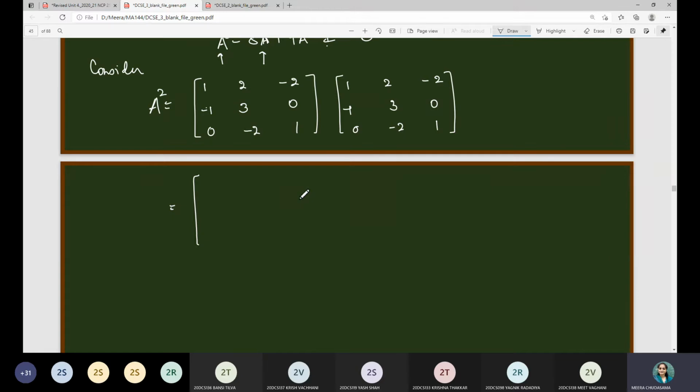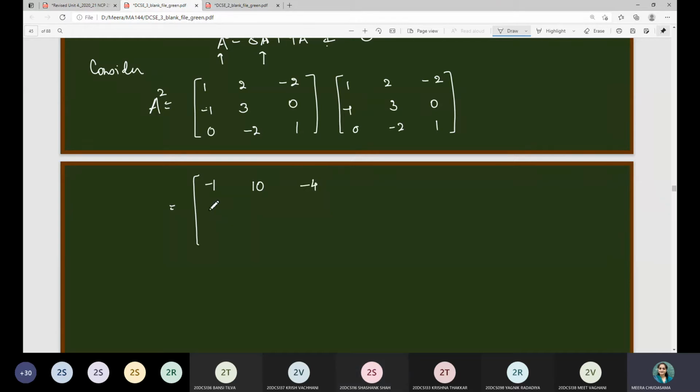Anyone having computed this A square? Please unmute yourself and let me know the row-wise entries, those who have computed it. Minus 1, 10, minus 4.